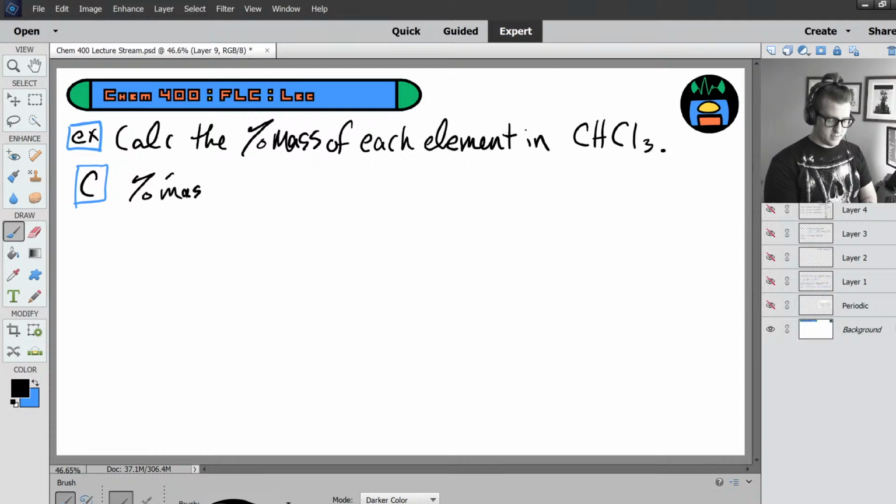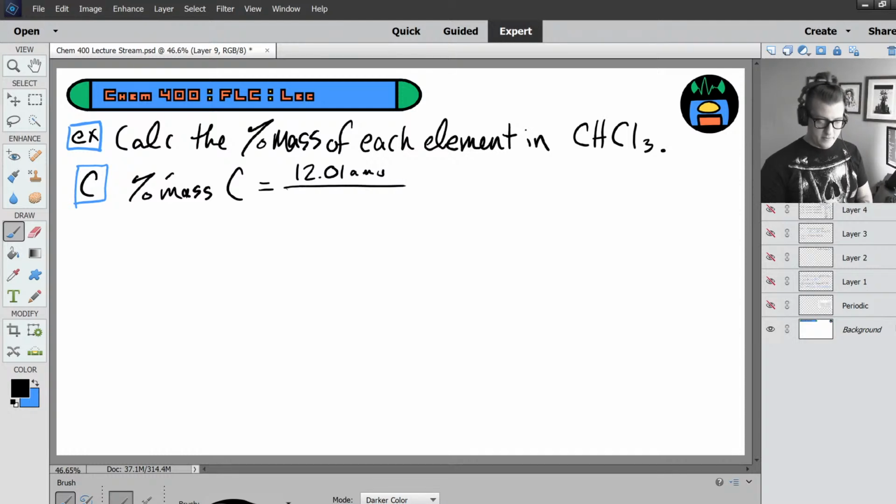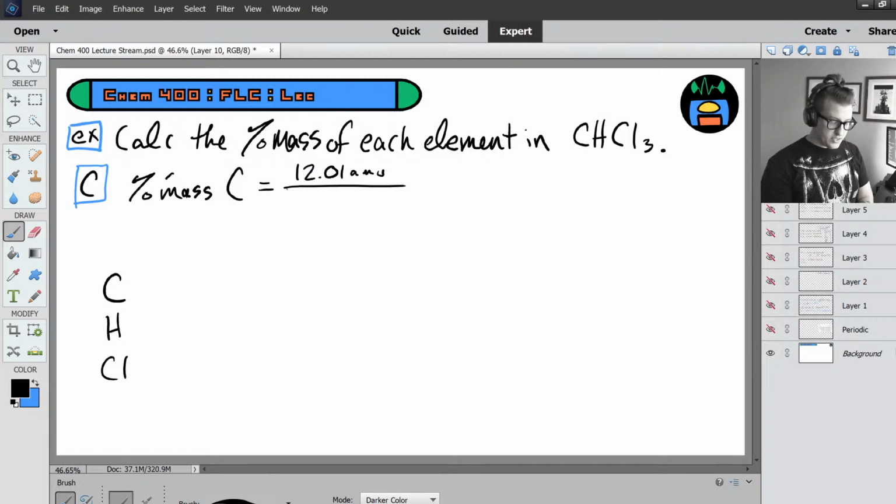The percent mass of carbon is equal to the mass of carbon. Here we have to look up carbon's mass on the periodic table, and carbon has a mass of 12.01 AMU. Now we have to divide it by the total mass of the compound, so we add up all of the individual atomic masses.